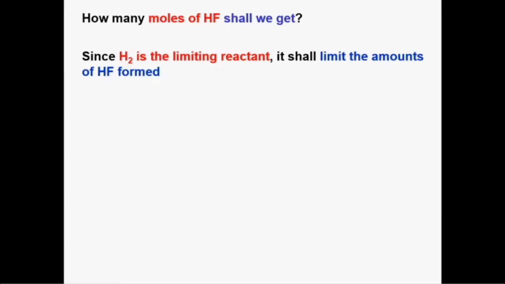Since hydrogen is the limiting reactant, remember the definition: a reactant which is completely consumed in a chemical reaction and limits the amount of products formed. So in this case, hydrogen limits the amount of hydrogen fluoride formed.